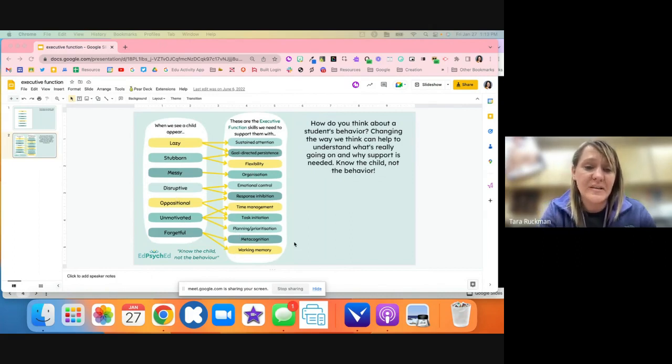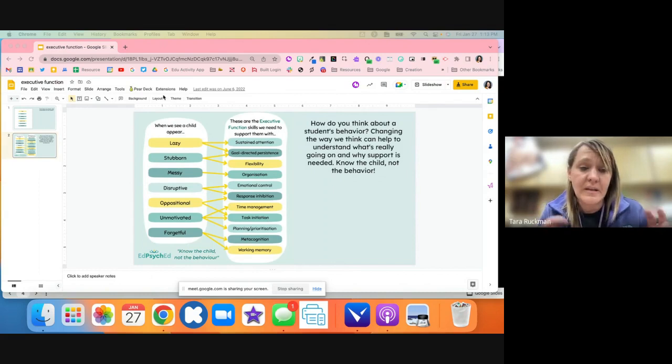We don't want that student to always be known as unmotivated, right? We want to change that mindset: the student's not unmotivated. They need support in time management, task initiation, and planning and prioritization. And how can we teach those skills to that student?